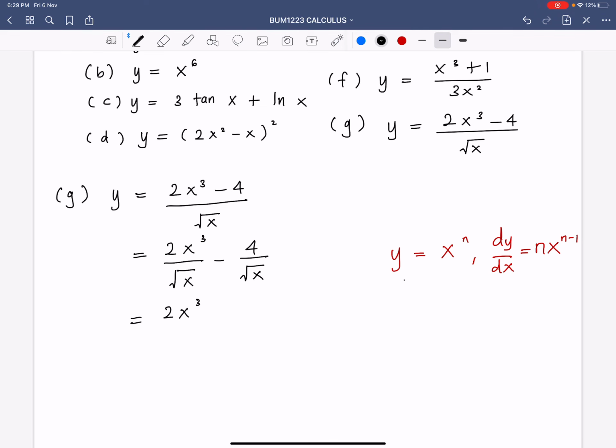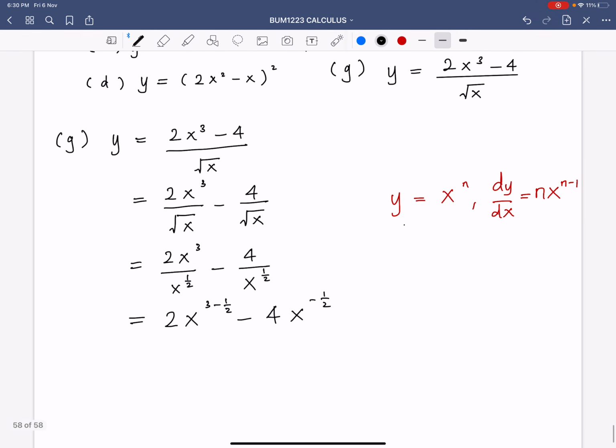Therefore, we can rewrite this as 2x cubed over x power of 1 over 2 minus 4 over x power of 1 over 2. And this can be simplified as 2x power of 3 minus 1 over 2 minus 4x power of negative 1 over 2, where this is equal to 2x power of 5 over 2 minus 4 times x power of negative 1 over 2.